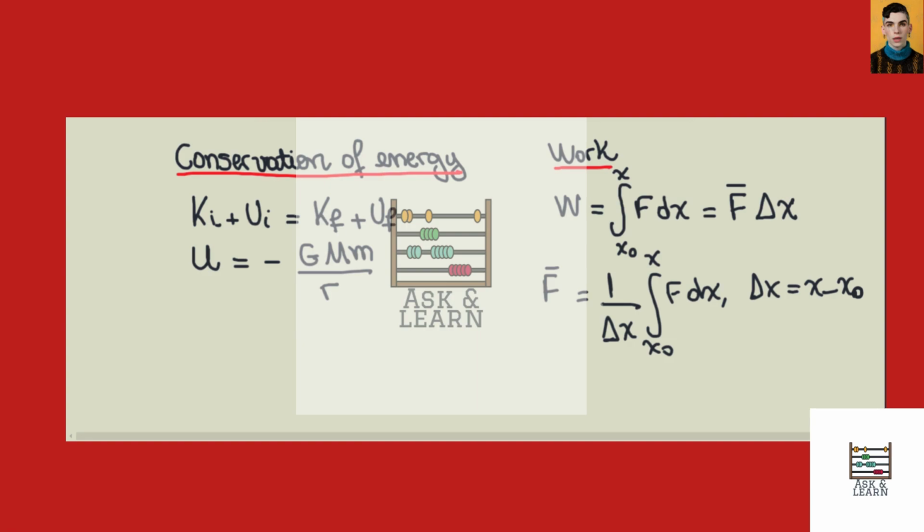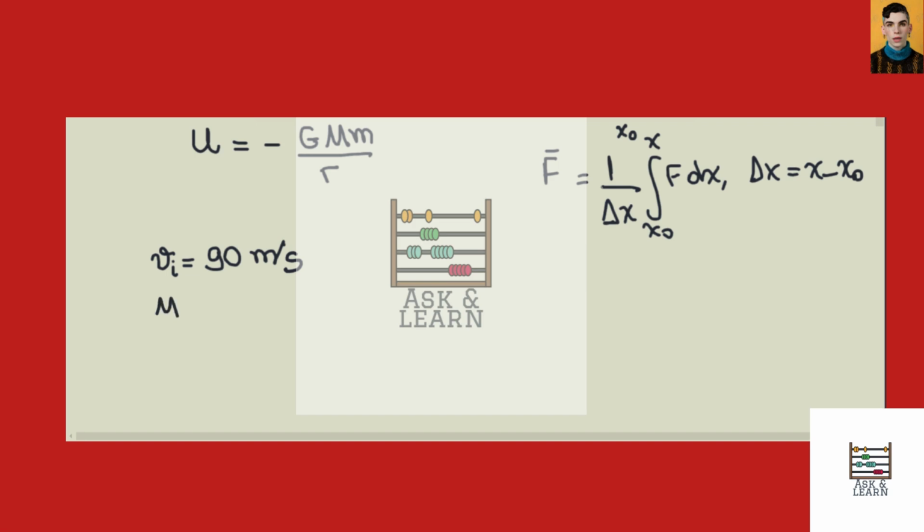Okay, so now we can calculate what the exercise asks us. So basically we have a meteor that is moving with an initial speed vi of 90 meters per second with a mass of 575 kilograms at a height from the surface of the earth of 850 kilometers.